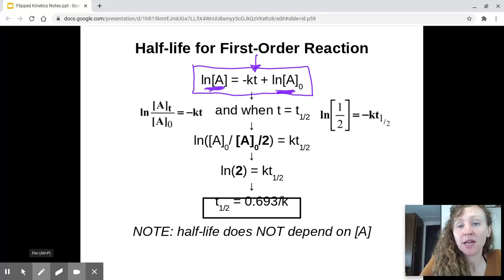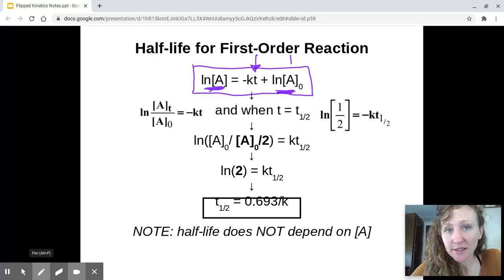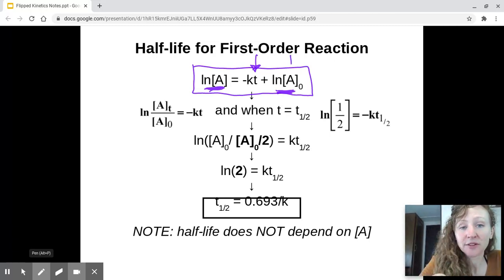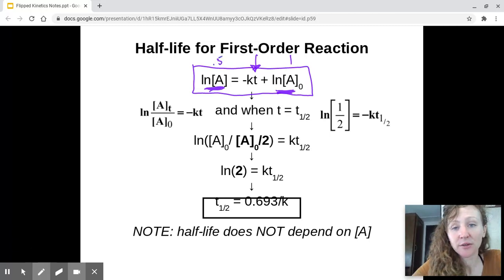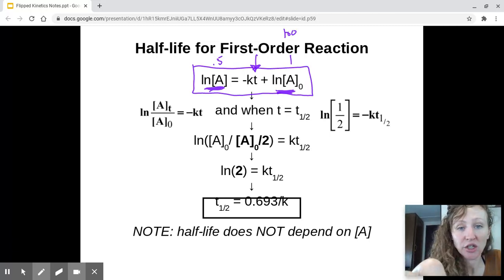Like if we make A0 a 1, then the concentration at our half-life of A is going to be 0.5. Or if we make our initial concentration 100, then at the half-life, the concentration would be 50.